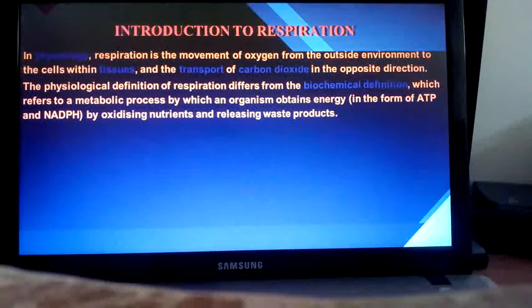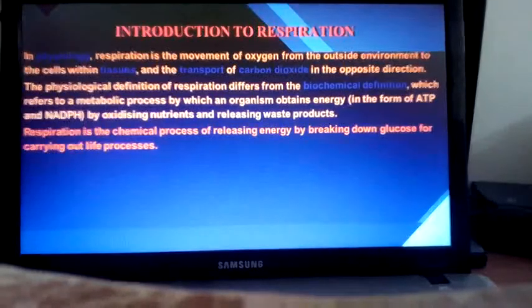The physiological definition of respiration differs from the biological definition, which refers to a metabolic process by which an organism obtains energy in the form of ATP and NADPH by oxidizing nutrients and releasing waste products.